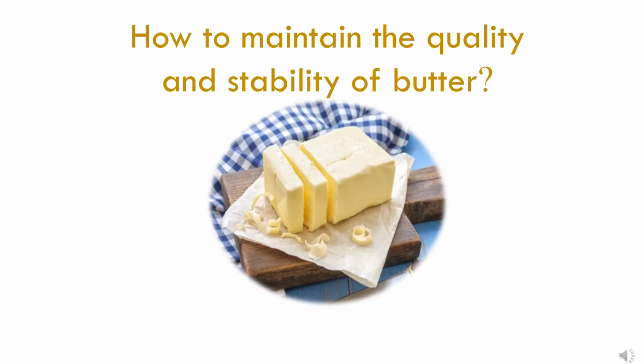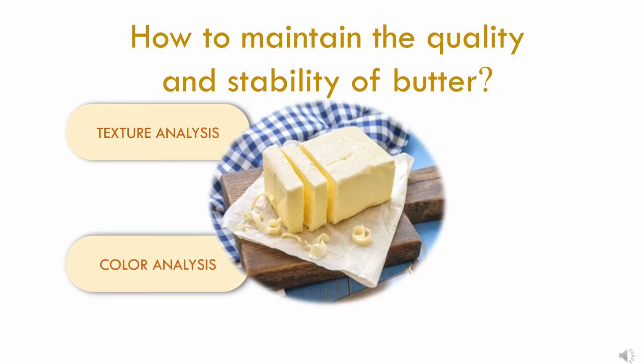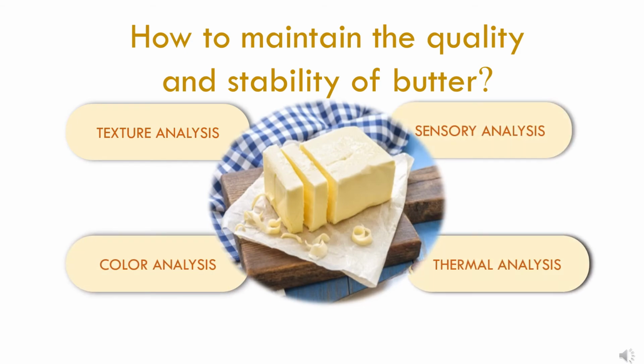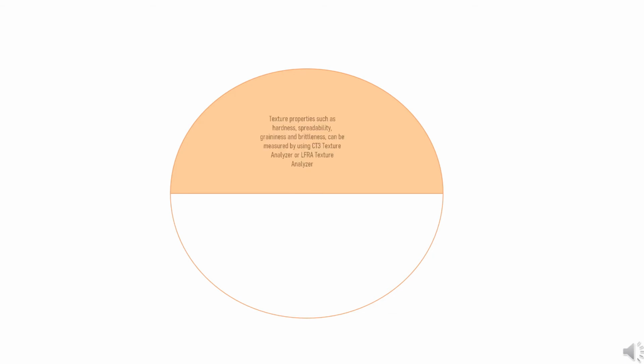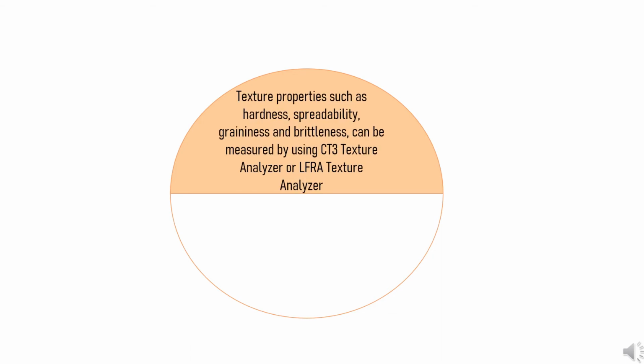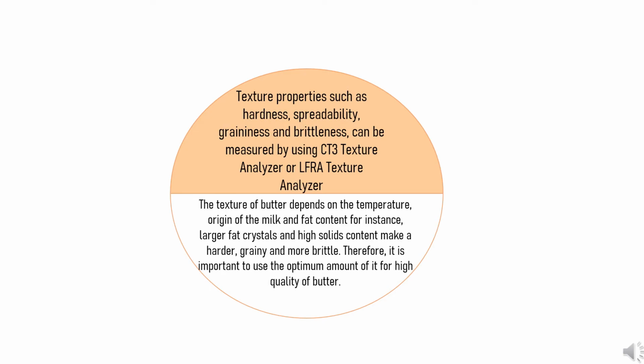However, how to maintain the quality and stability of butter? There are a few analyses that can be performed to ensure the consistency of the butter. First of all is texture analysis. Texture properties such as hardness, spreadability, graininess, and brittleness can be measured by using a CT3 texture analyzer or LFRA texture analyzer.